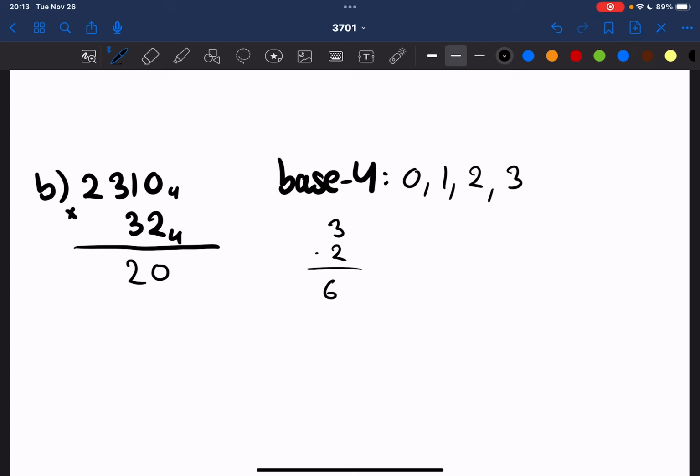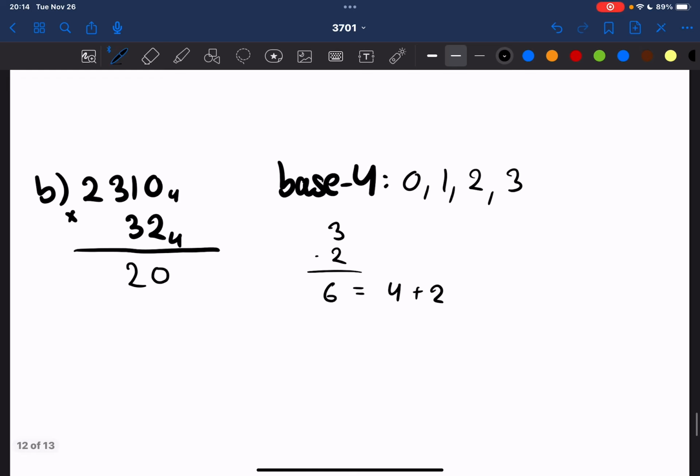But now we need to convert 6 into base 4 because we need to write it with only using these digits. So what even is 6? 6 is just 4 plus 2, right? If we think about how that works, this would be 1 times 4 to the power of 1 plus 2 times 4 to the power of 0.